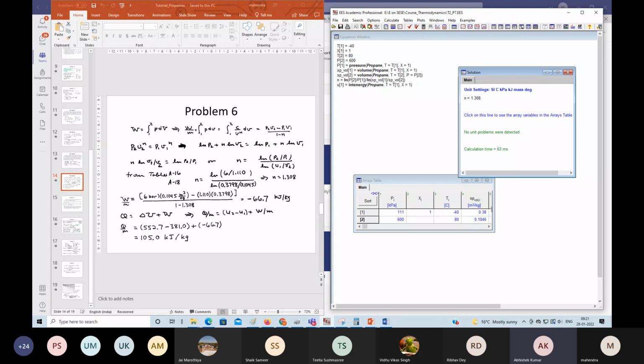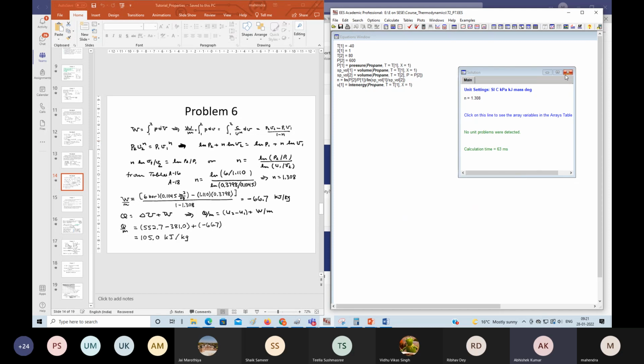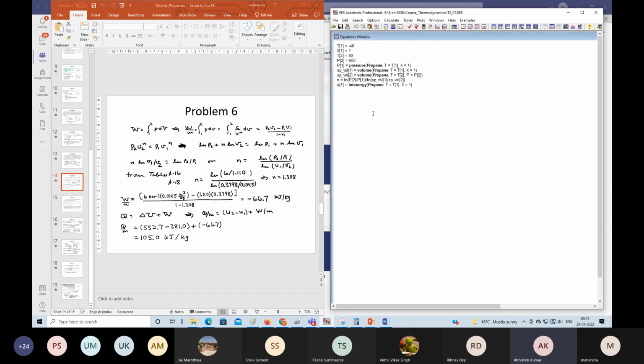Yeah, this thing. However, this is for kilojoule per kg, so you need to multiply with mass and all. Then you will come to know. Like this way, you can conduct whatever the rest of this calculation. Okay, this is about problem number 6.